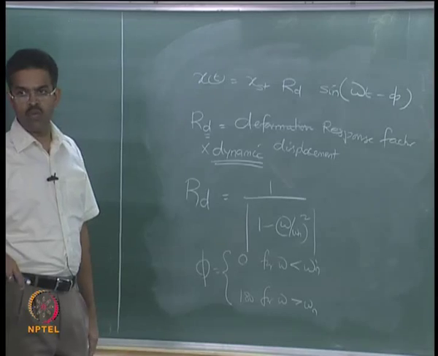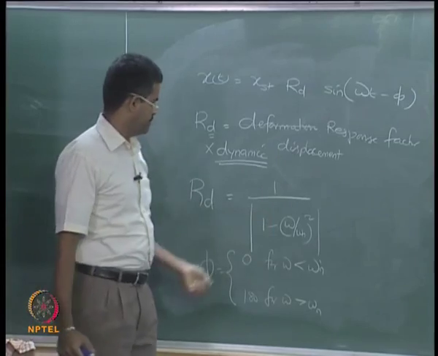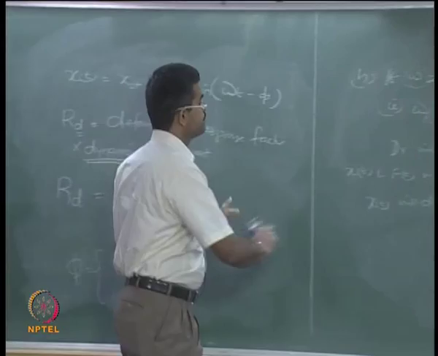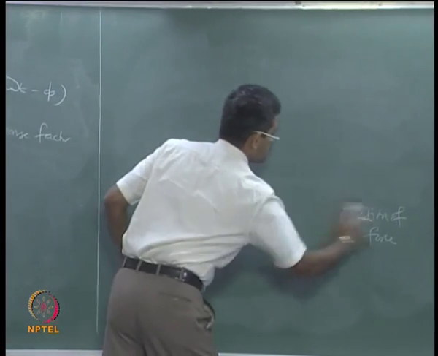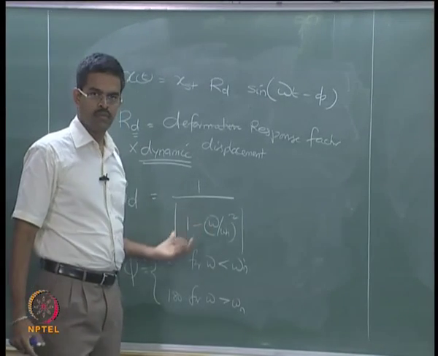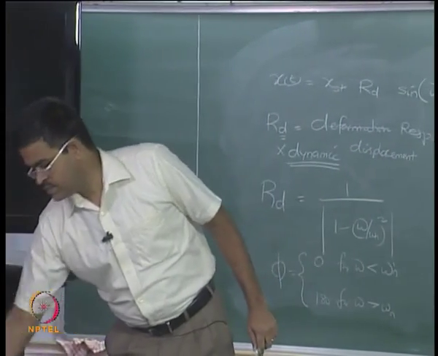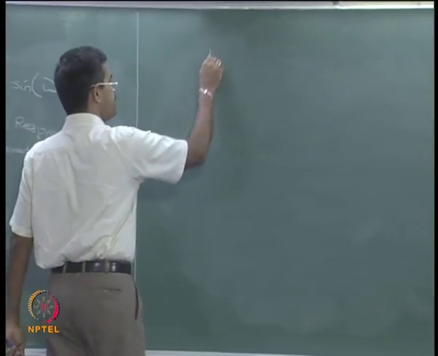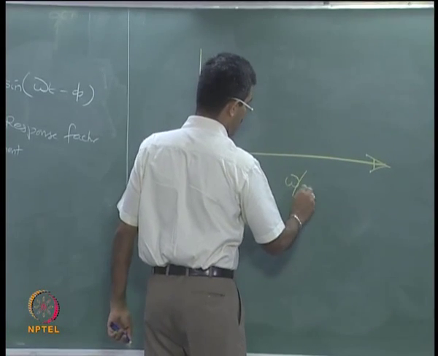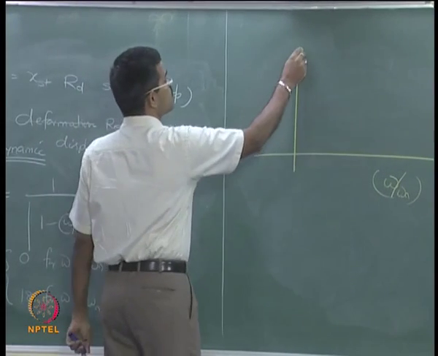Now I am interested to see what is the variation of Rd with respect to omega by omega n in this equation. So I will try to plot this. Since the sign is taken away, I will always get a positive response, and the plot will look like what I am drawing here. I am plotting omega by omega n, the ratio of the frequencies, with respect to Rd.